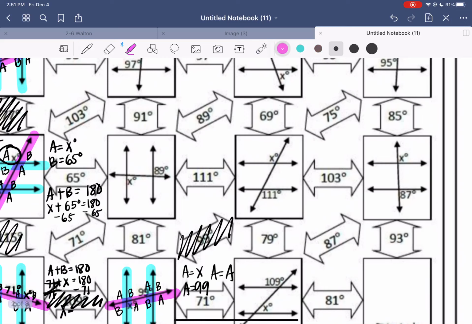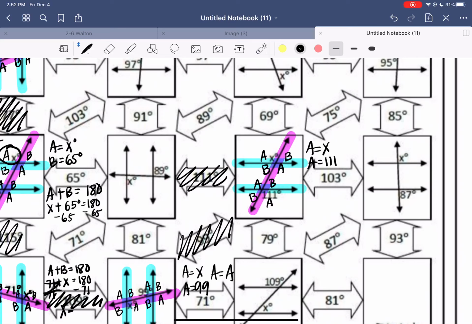All right, here we go to parallels cut by a transversal, creating our AB, AB, AB, AB. We have an A equals X and we have an A equals 111. So we know that A equals A, so we know that this is 111.